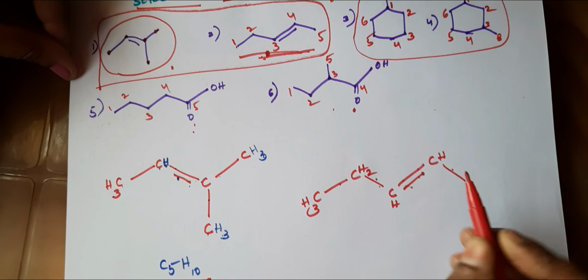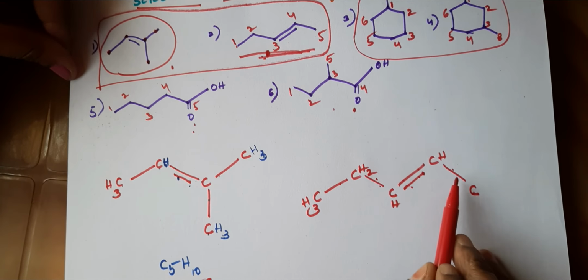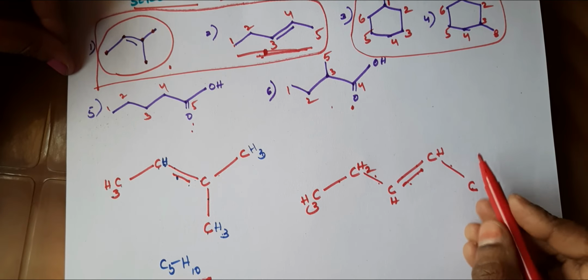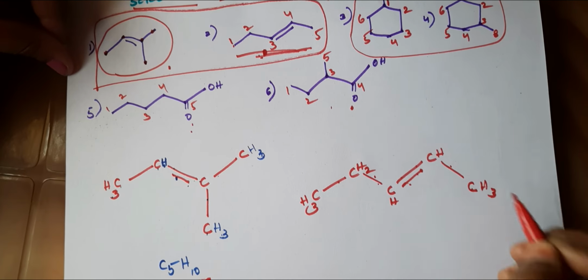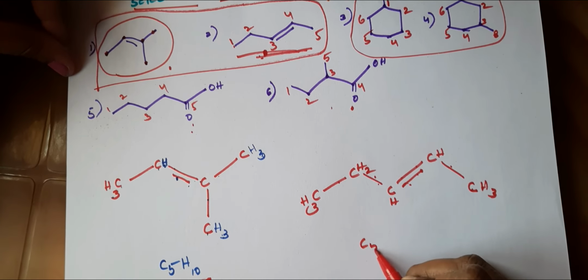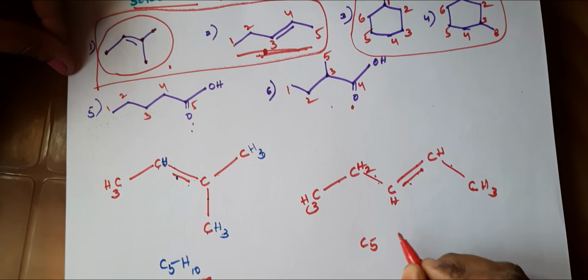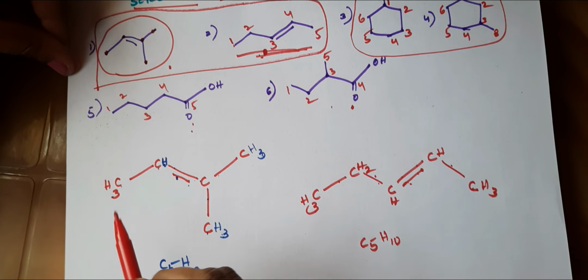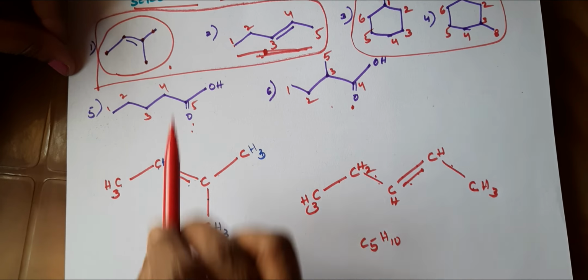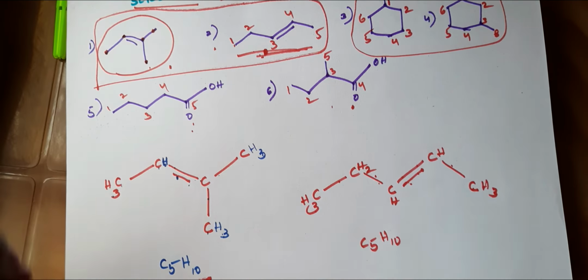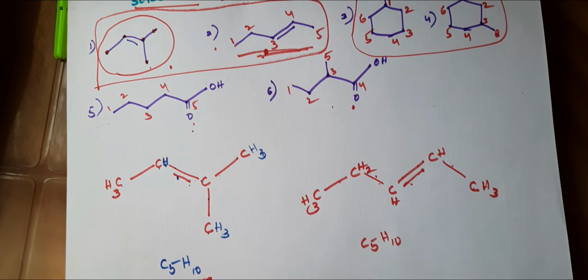It has 1 hydrogen, and even this carbon has only 1 bond, so it should have 3 hydrogens over here. So total number of 5 carbons, 3 plus 5, 6, 7 plus 3, 10. C5H10. So the first structure and second structure, 1 and 2, both are chain isomers of each other.